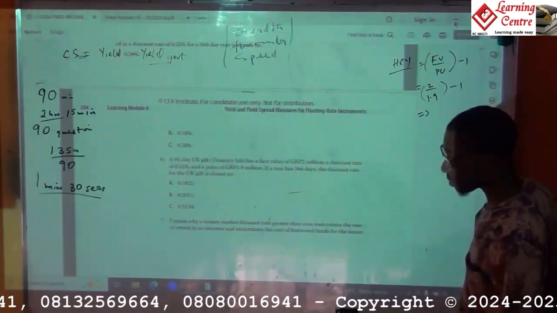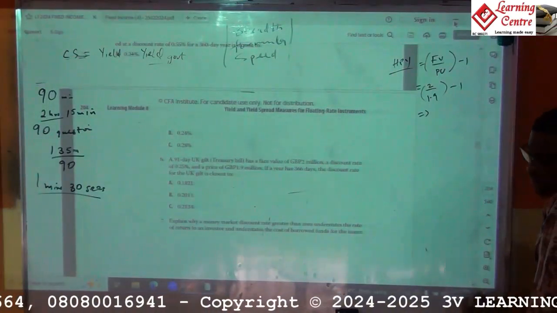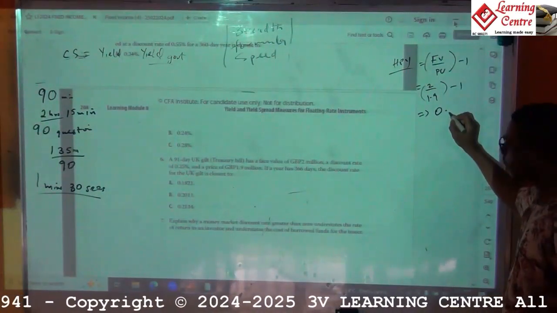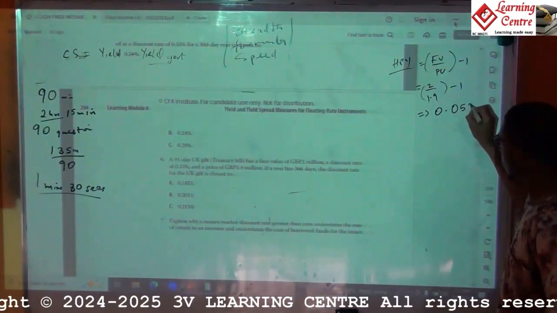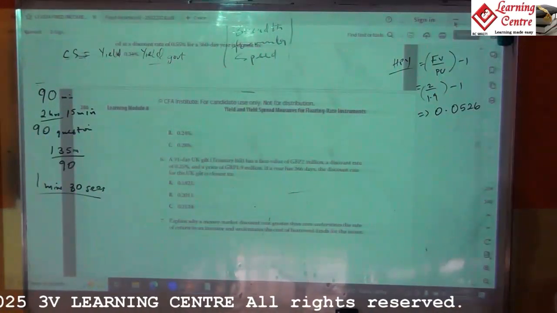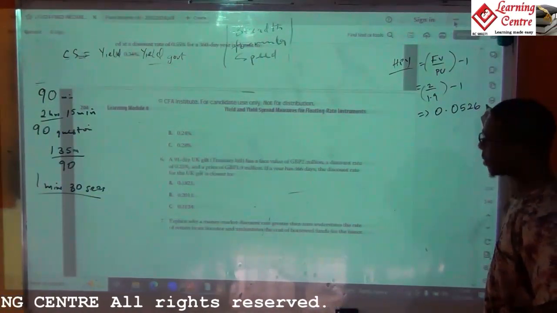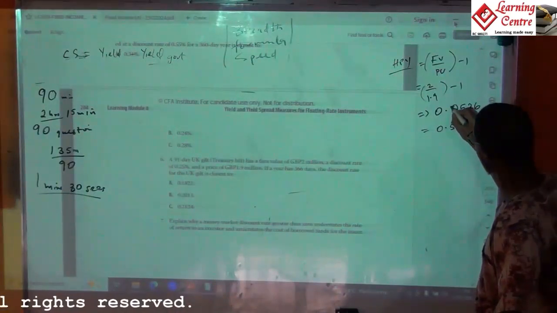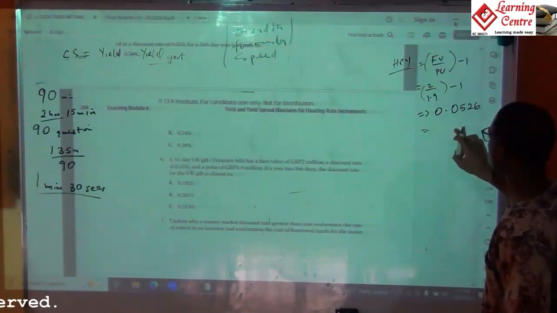Where do you get to? 0.0526. Okay, 0.0526. Is this the percentage or the decimal? This is the decimal. The percentage is now 5.26.